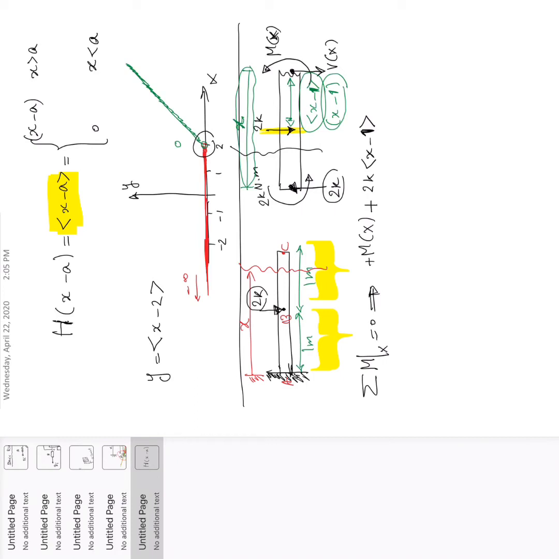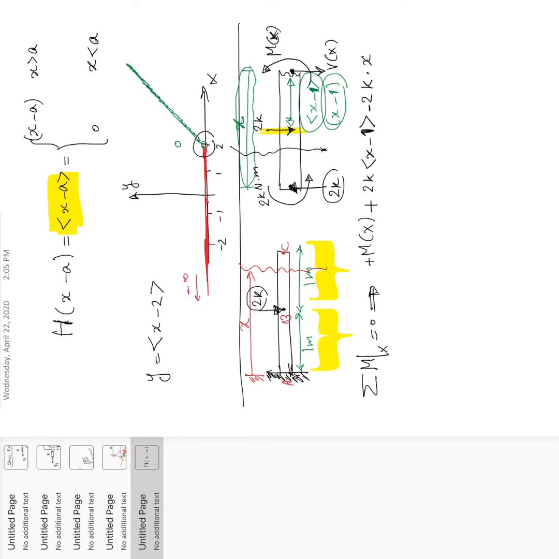I don't need any switch to put it on or off because it's always there. So I treat it the old way I used to do it before I introduced the Heaviside function. So that becomes 2K times the moment arm, which is x, positive or negative? Negative. So negative 2K times x.